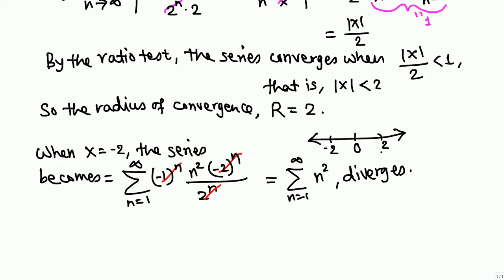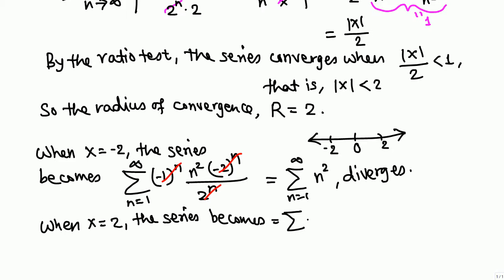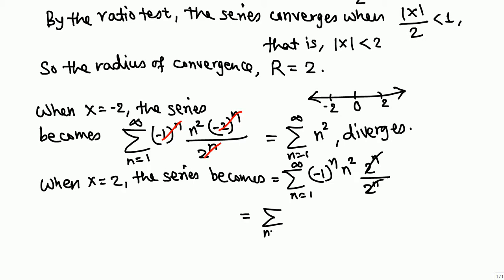Now we do the same thing for x equals the right endpoint 2. We replace x^n by 2^n, so the series becomes the sum from n equals 1 to infinity of (-1)^n n^2 times 2^n over 2^n. These cancel, leaving (-1)^n n^2.